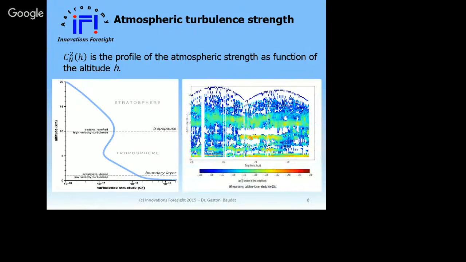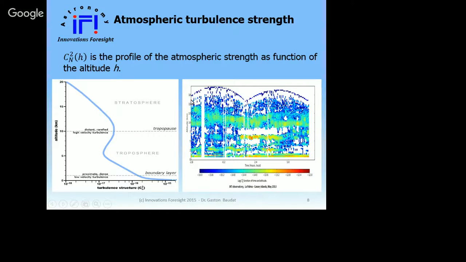This is an example of what's going on over time. Turbulence is not something which is always the same; it's evolving all the time. So seeing is evolving, and this plot is from La Palma in the Canary Islands, where they have a way to probe the atmosphere. This is the actual atmospheric Cn squared function, from blue to red, and you see the amplitude.